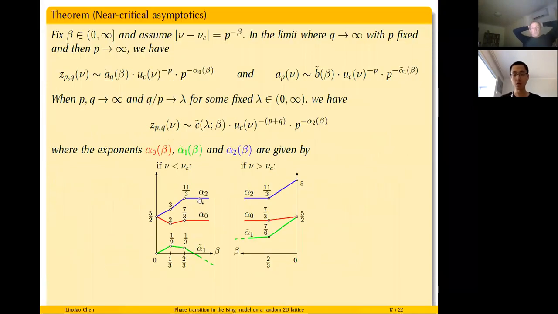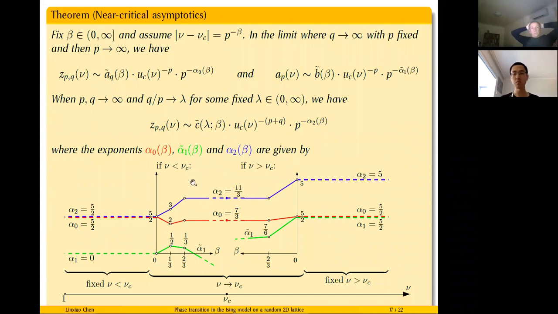So what we have here is a graph which zooms into a neighborhood of nu c and tells us how this exponent changes gradually as we get closer and closer to criticality.